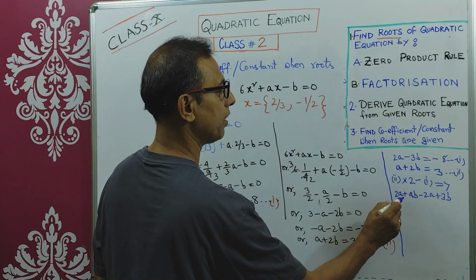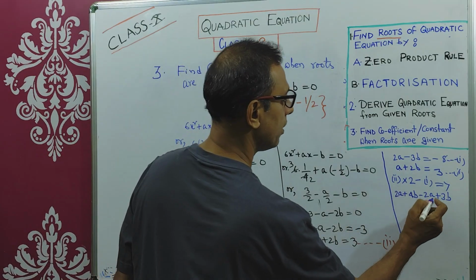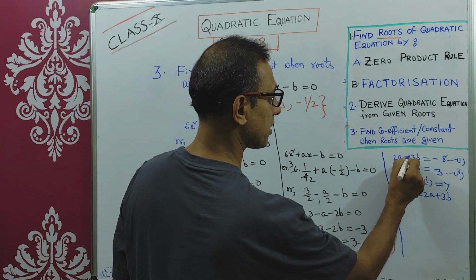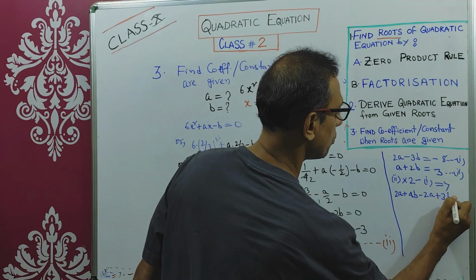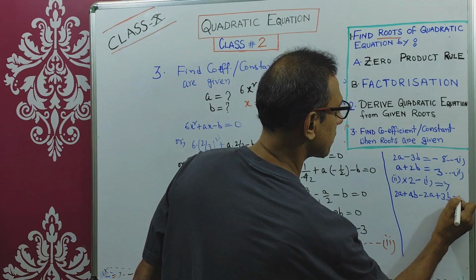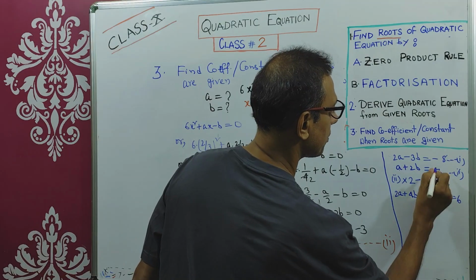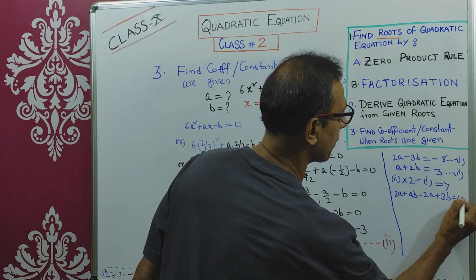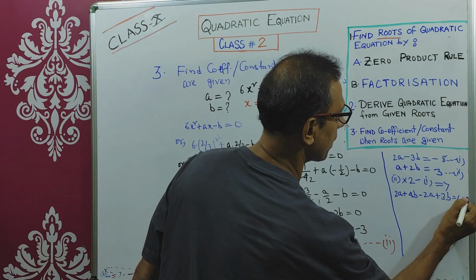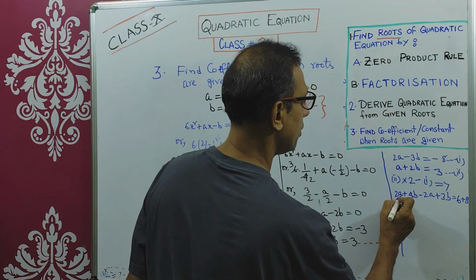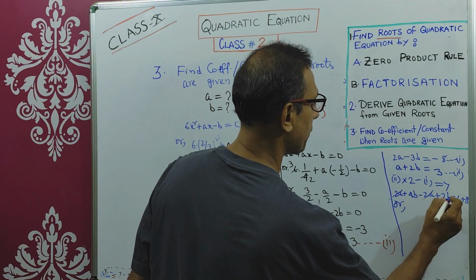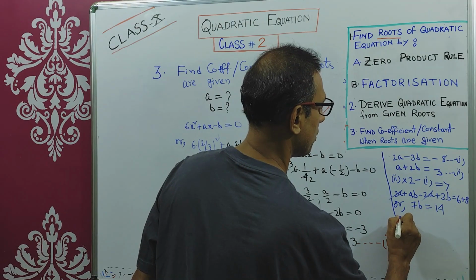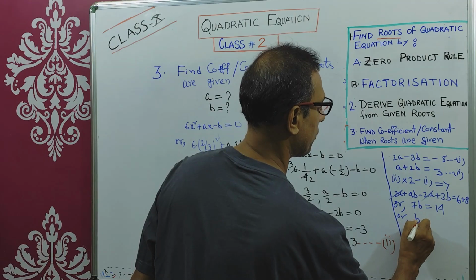So 2a plus 4b, and to cancel this 2a, 2a plus 4b minus 2a plus 3b equals 6 plus 8, you are subtracting, so 6 minus of minus 8 means 6 plus 8. So what is the value? 2a and 2a cancel. So 4b plus 3b, 7b. 7b equals 14, or b equals 2.